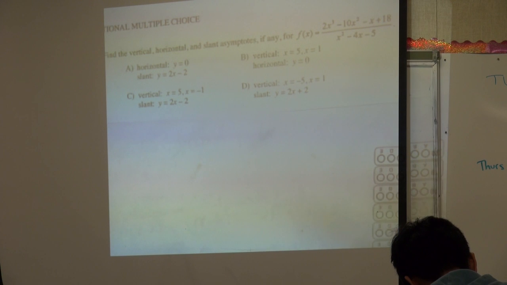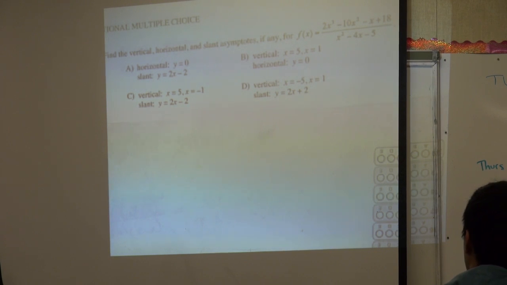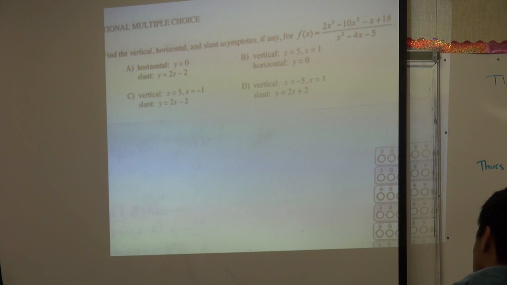Question number 1 says, find the vertical, horizontal, and slant asymptotes. So first off, if you understand the way this unit works, it is completely impossible to have both a horizontal and slant asymptote.